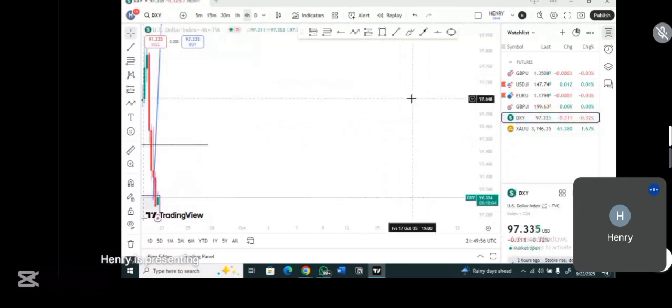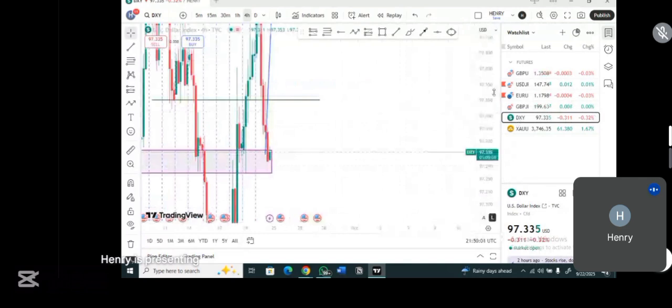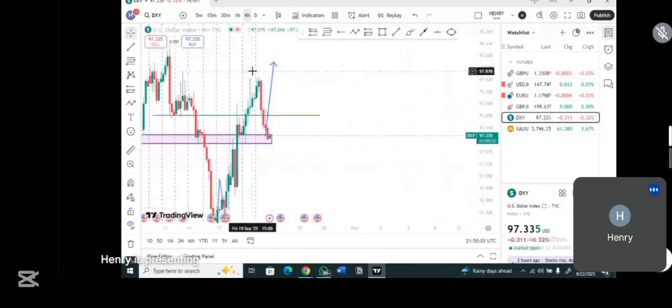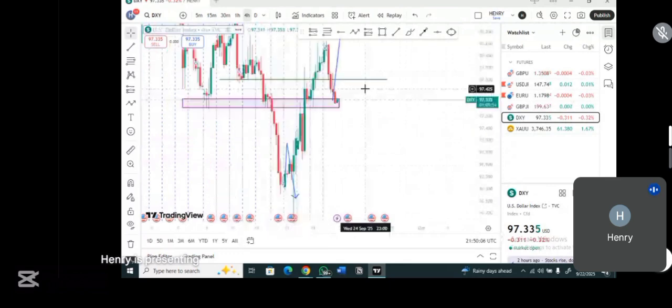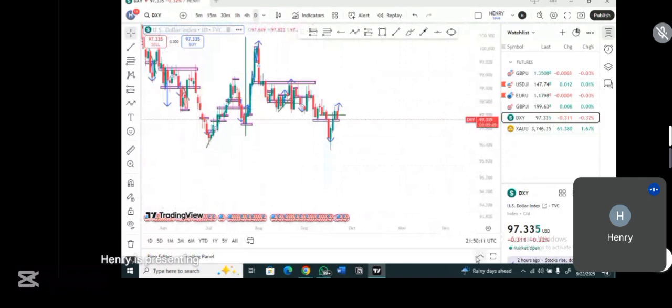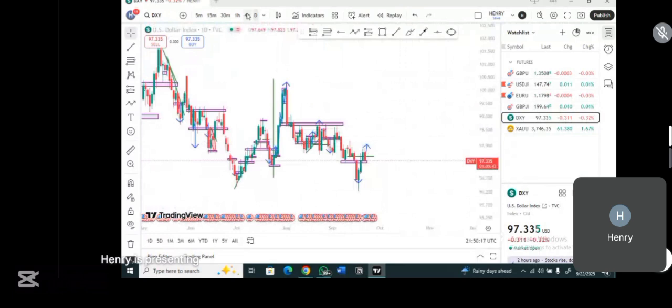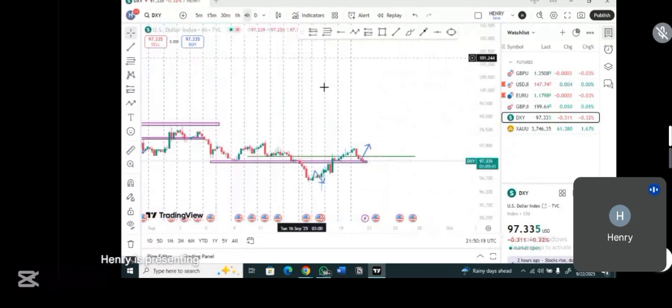So for the whole of today, what did the dollar do? The dollar index fell. Overall, what did the dollar do? Downtrend. Overall trend is downtrend, right?